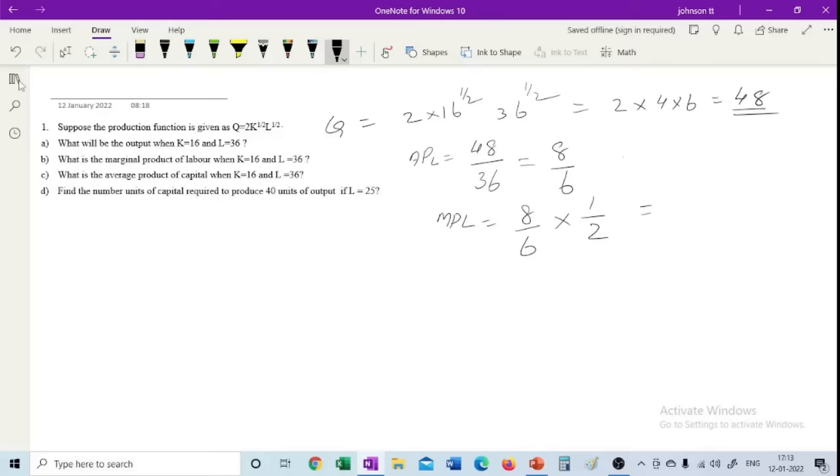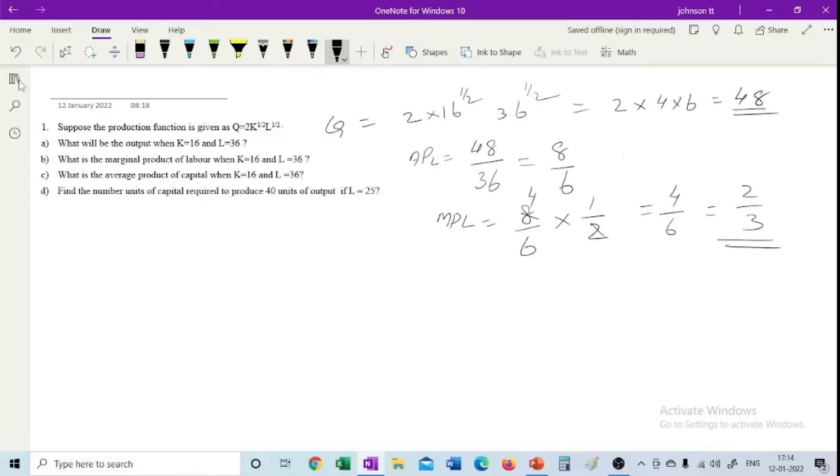So that is equal to 4 by 6, that is equal to 2 by 3. This is the marginal product of labor.